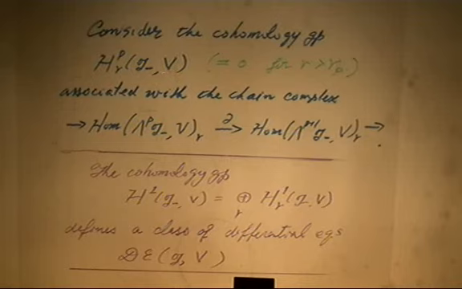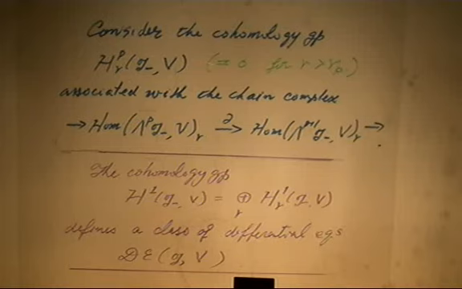Therefore, we can consider the cohomology group of the representation of G_minus on V. That is the cohomology group of the chain complex, where this delta is defined as usual. This map is degree preserving, so our cohomology group is graded by degrees p and r.